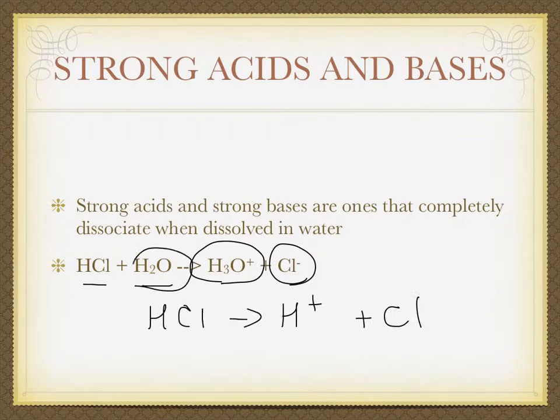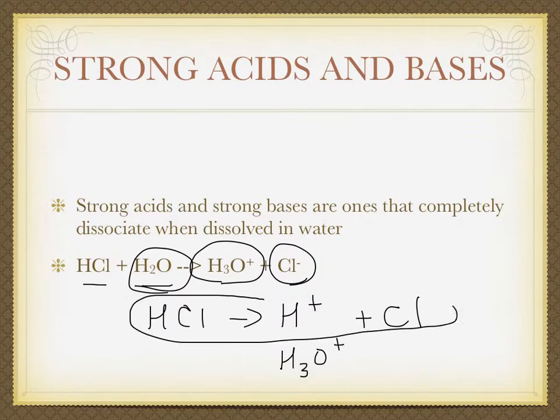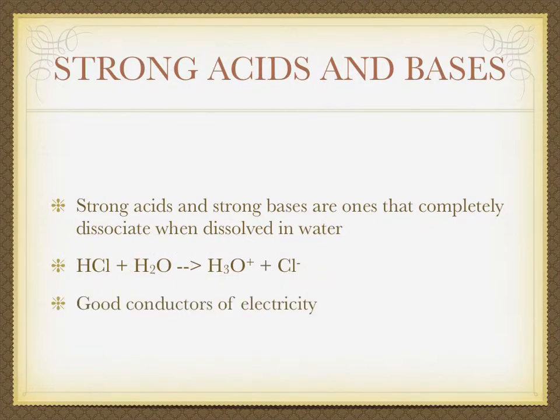All they've done is make it with the water, and when you add that water to the hydrogen, you get what's called the hydronium ion. But basically what we're saying is 100% of this becomes this over here. And because there are a lot of ions, these are good conductors of electricity.